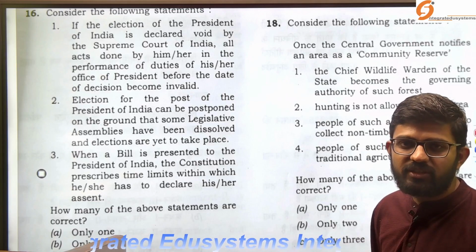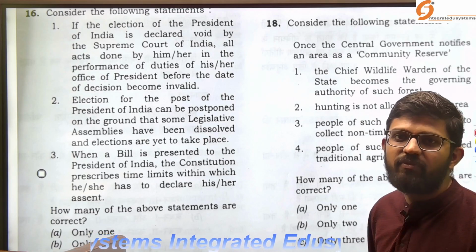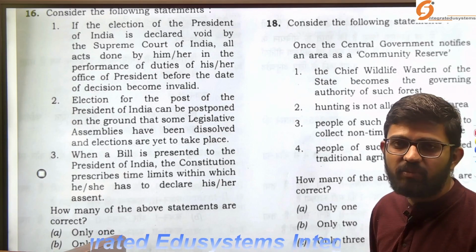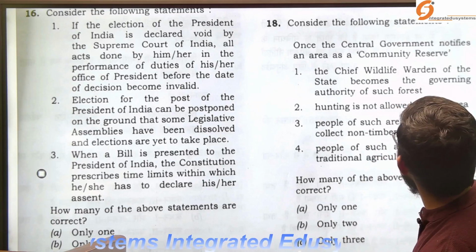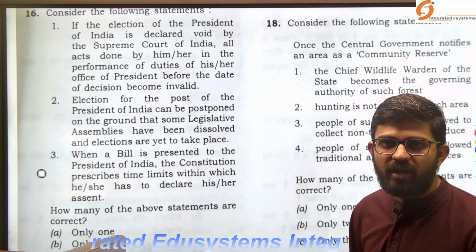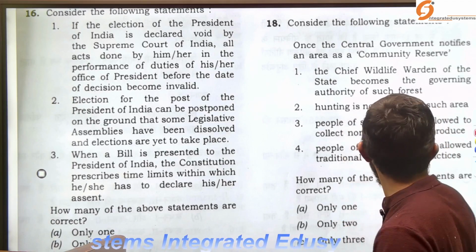As the name suggests, it is taken care of by the community itself. So here we are recognizing the important role that the community can play in protecting forest. So the chief wildlife warden of the state becomes the governing authority of such forest? No. It is the State Wildlife Advisory Board which is the governing authority with respect to this.